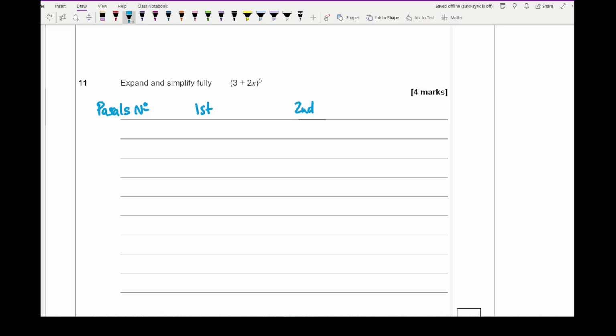Looking at Pascal's triangle, we have 1, 1, 1, 1, 2, 1, 1, 3, 3, 1, 1, 4, 6, 4, 1, 1, 5, 10, 10, 5, and 1. The line that we want is going to be the 6th row. So Pascal's number is going to be 1, 5, 10, 10, 5, and 1.